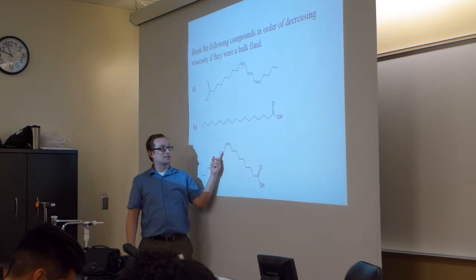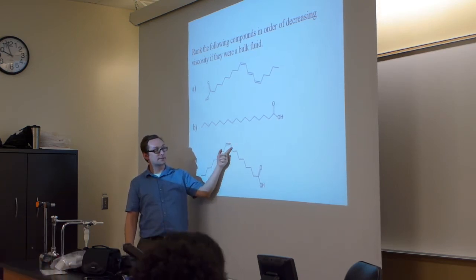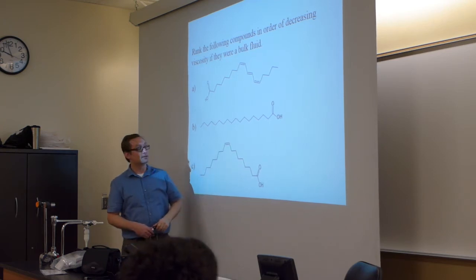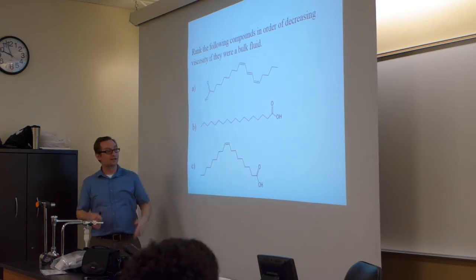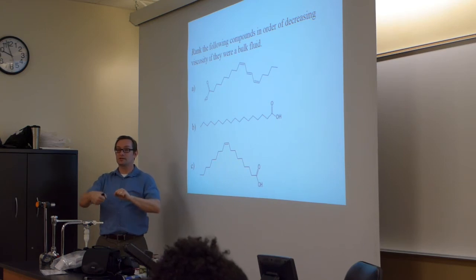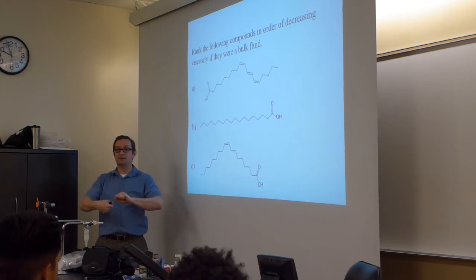You might notice something here too, just to point this out. Is this a trans or a cis fatty acid? You might remember, or not, in a slide back in chapter 10, I talked about pi bonding and how you can't rotate double bonds because the pi bond won't let you twist. You have to break that pi bond in order to twist.